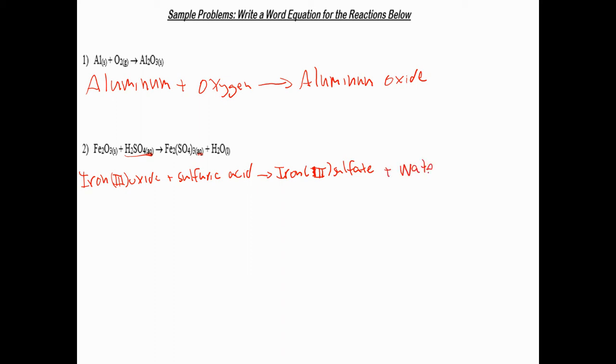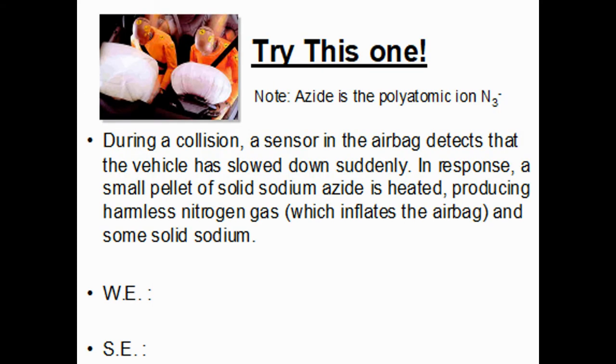You could write dihydrogen monoxide. Remember, water is one of those ones that we typically represent by its common name. So here's some more practice. You can try this one out yourself.